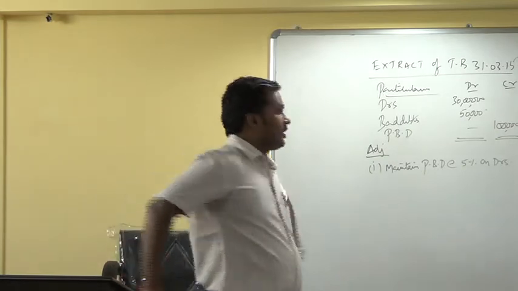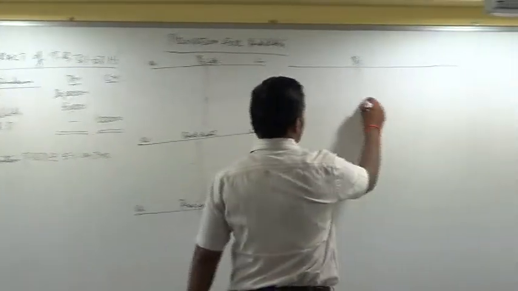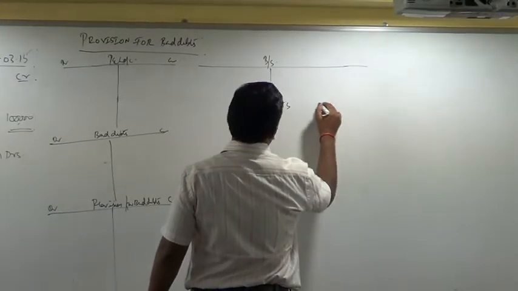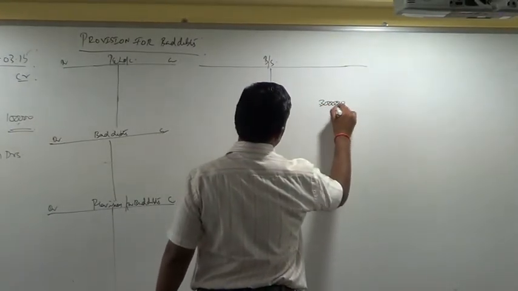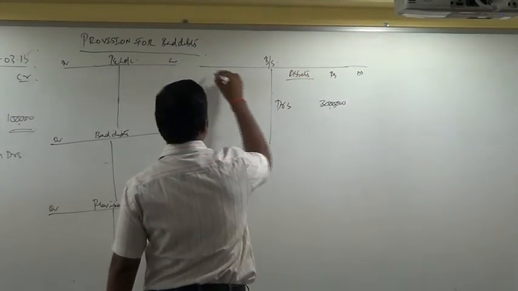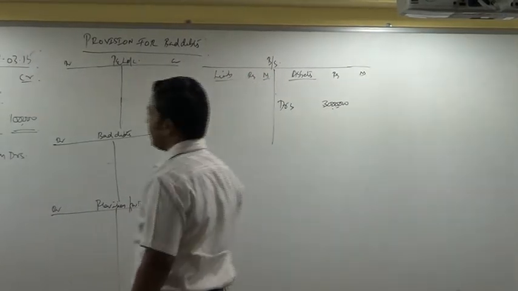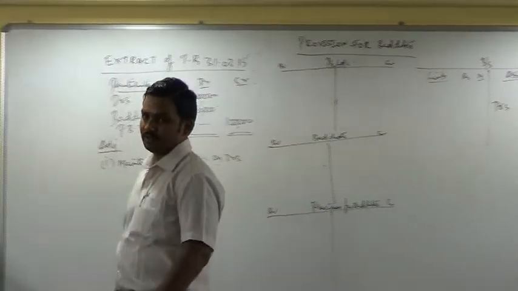Now how are you going to deal with it? Debtors, where do you show debtors? Balance sheet, asset side. Debtors, 30 lakhs rupees. Balance sheet, asset side, inner column, 30 lakhs.